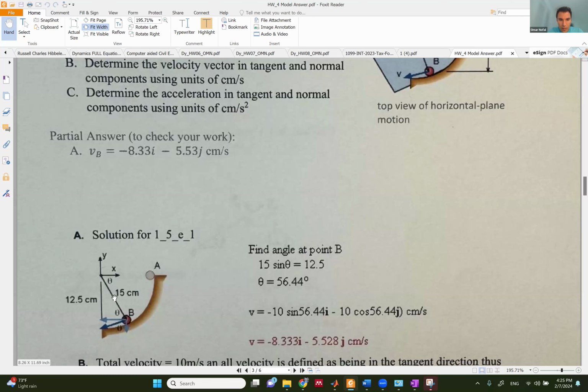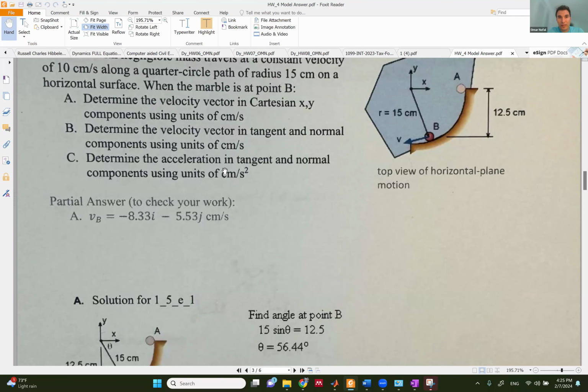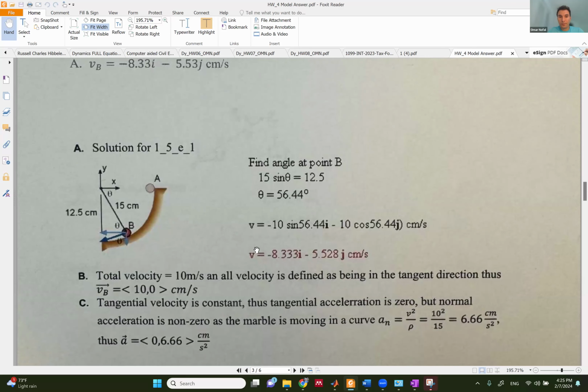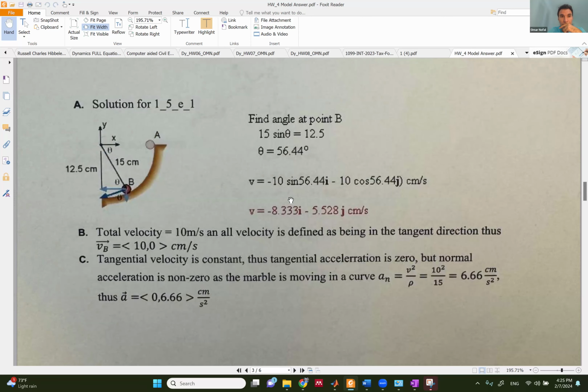So here, this theta and this theta, so that you can do some velocity analysis, but it's completely straightforward. Once you get v, everything's going to be straightforward.